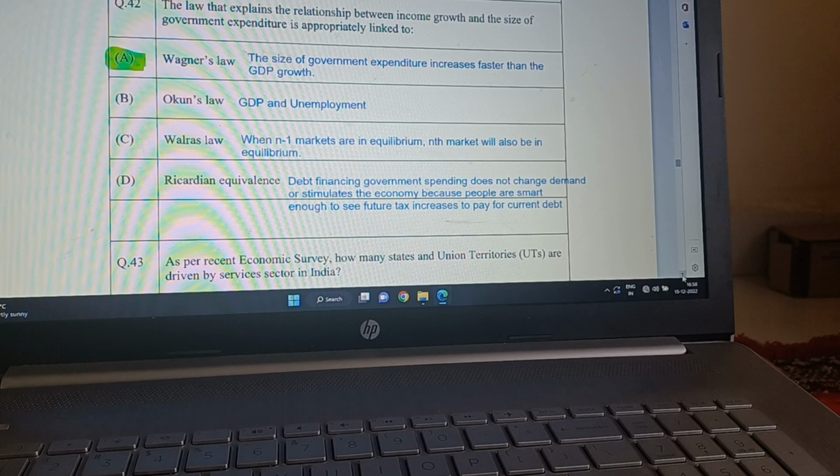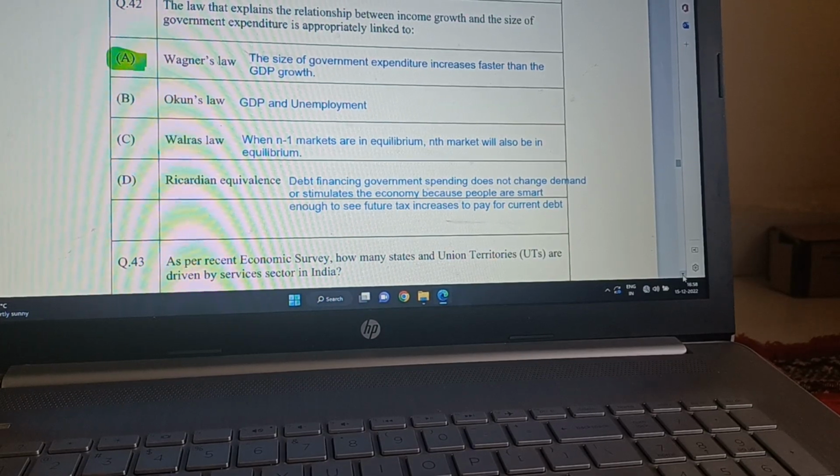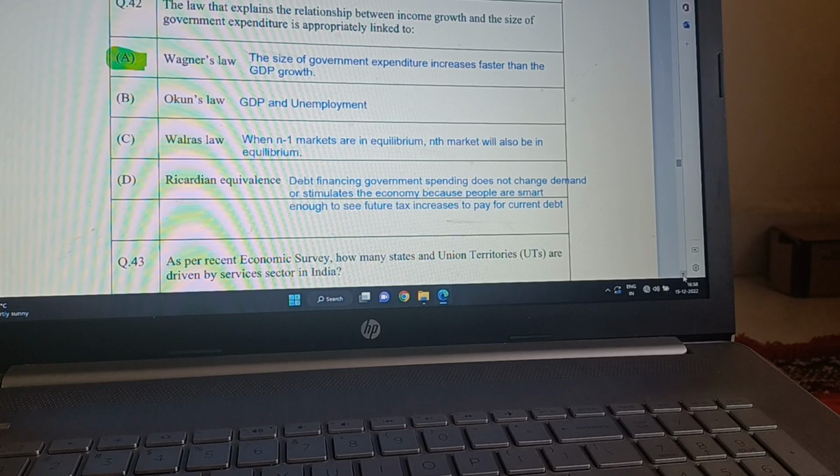So the size of government increases as the country becomes richer, because the government provides more services, more regulations, and you can say more interference in the economy. So that is the correct answer.